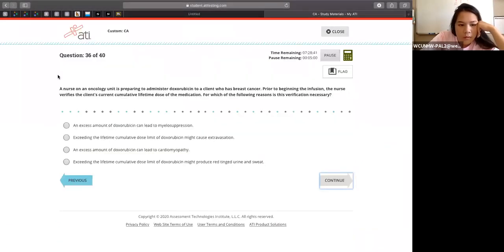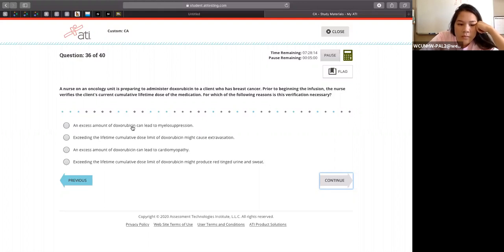A nurse on an oncology unit is preparing to administer doxorubicin to a client who has breast cancer. Prior to beginning the infusion, the nurse should verify the client's current cumulative lifetime dose of the medication. For which of the following reasons is this verification necessary?